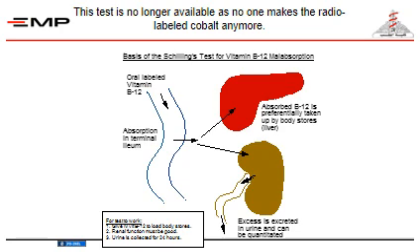So we have to give IV vitamin B12 to load body stores, and renal function must be good. Urine is collected for 24 hours. This test is no longer available, as no one makes the radio-labeled cobalt anymore.